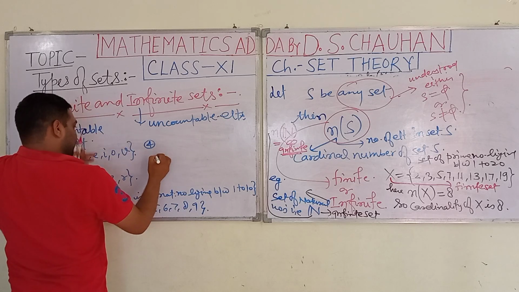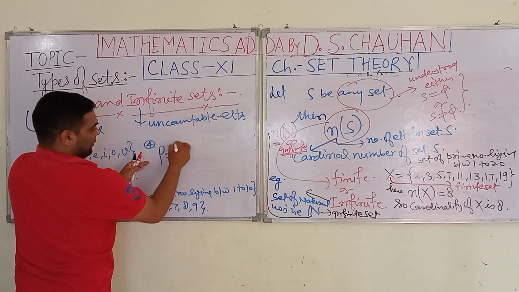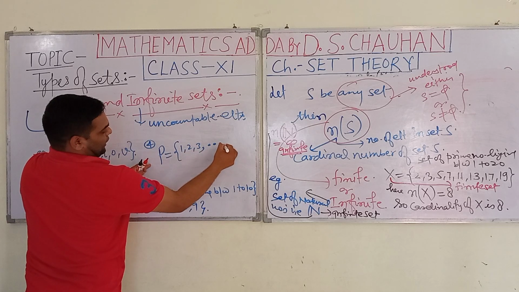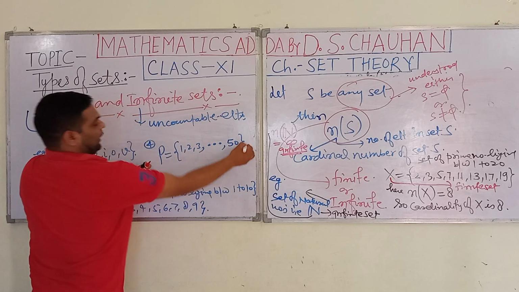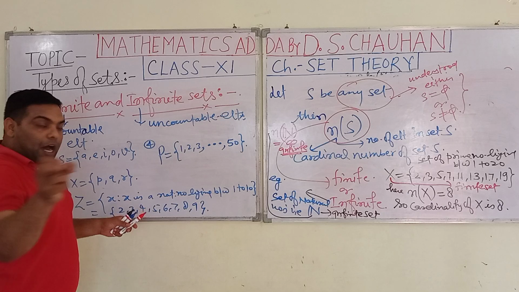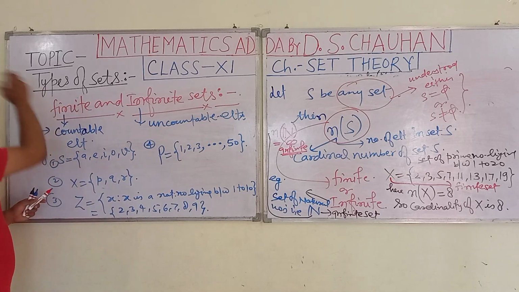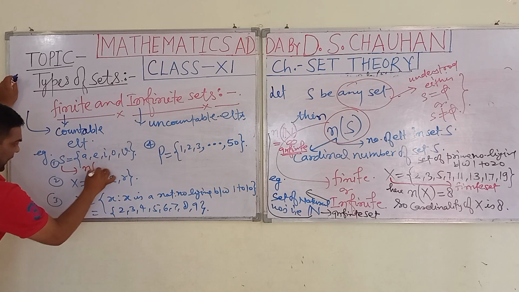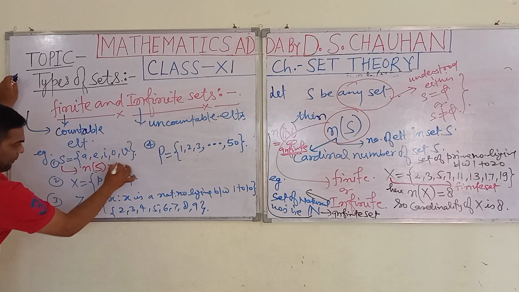That is, the elements will lie between 1 to 10, so it could be 2, 3, 4, 5, 6, 7, 8, 9. One more example in front of you, the fourth one, students: the set P, which is 1, 2, 3, and so on, up to 50.